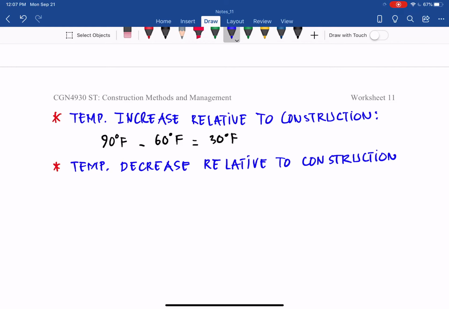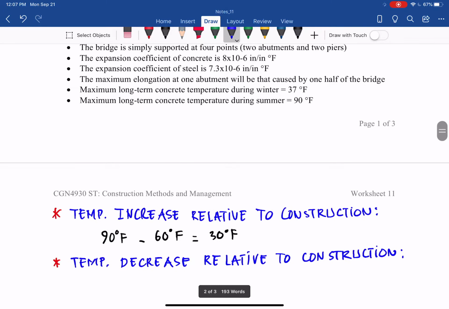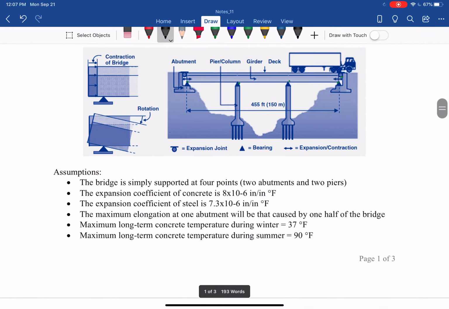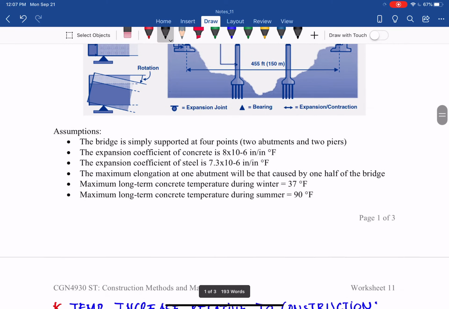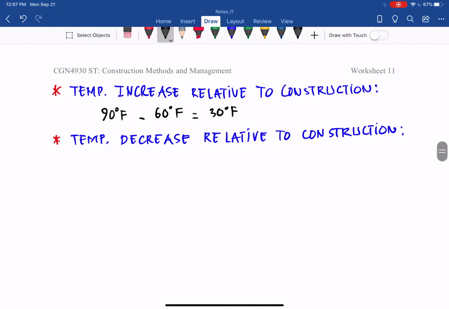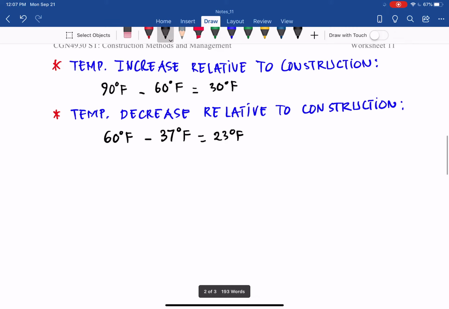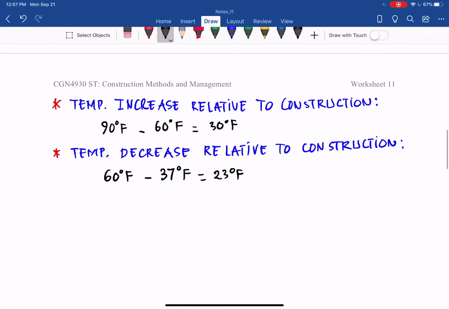The long-term temperature in the winter is 37 degrees, and the average temperature during construction is 60 degrees. So you have 60 during construction and a long-term temperature of 37 degrees, which gives 23 degrees Fahrenheit. With the temperature increase we have elongation, and with the decrease we have contraction.